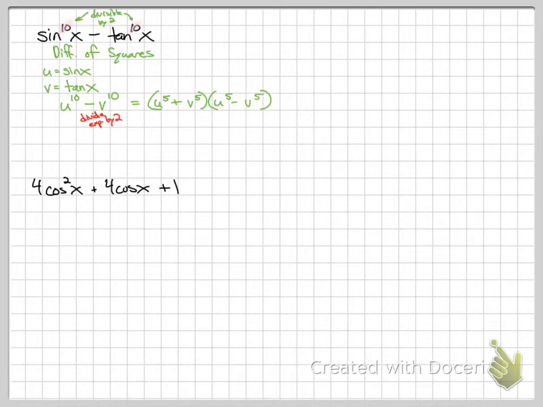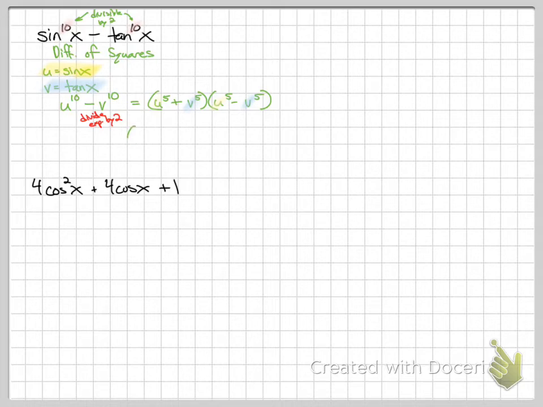But now we need to go back and fix our substitutions. Every u will be sine x, and every v will be tan x. So you've got 2 variables to replace. Replace the correct variable with the correct trig function.